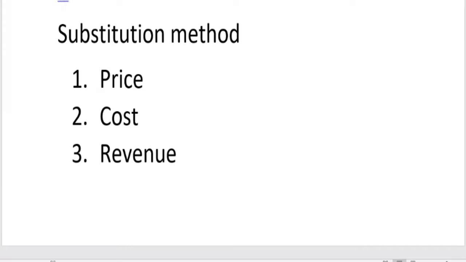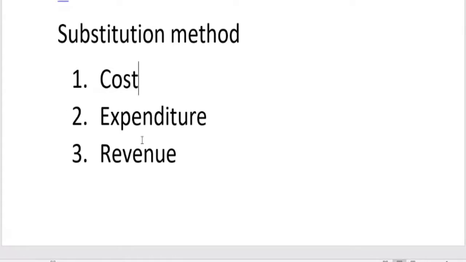Price minus cost is equal to revenue. If I just replace this cost to make it more simple, with expenditure, I think this will become more easy, or I will call this cost.